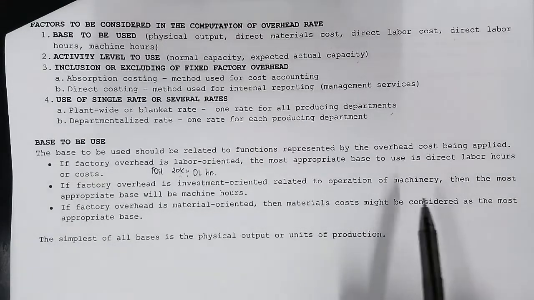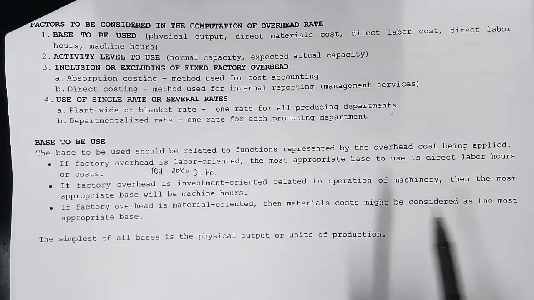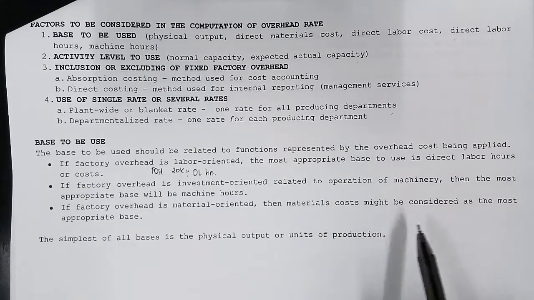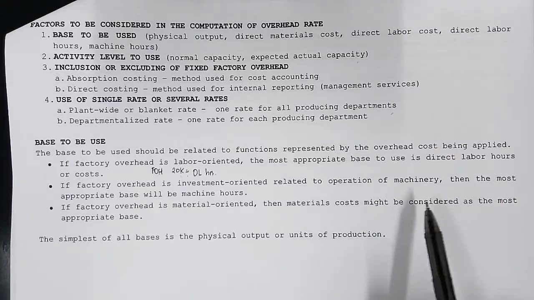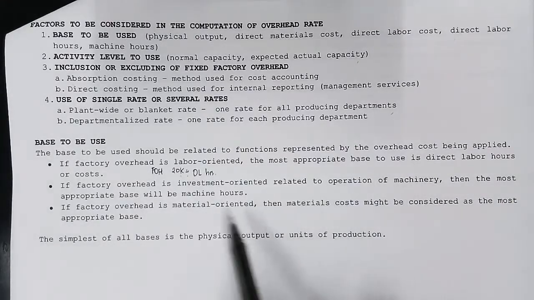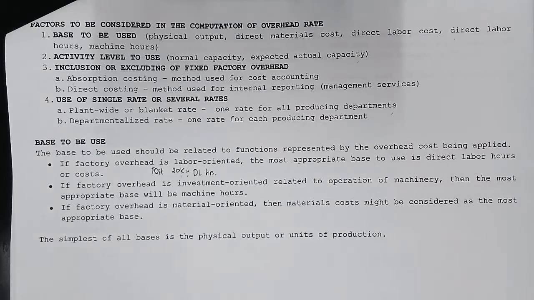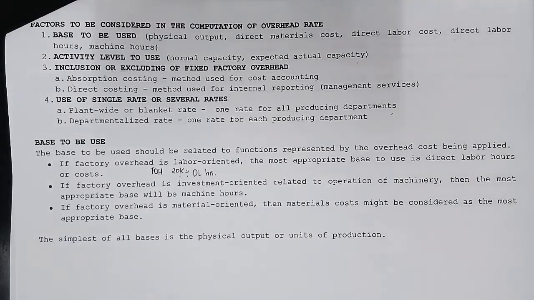Kasi nga, yung mga machinery na nag-ooperate sa production is normally yun yung nagpe-perform ng overhead functions ng production mo. So, dapat ang base mo is syempre yung machine hours. Kung gaano katagal yung nai-spend ng machine sa iyong production activities.